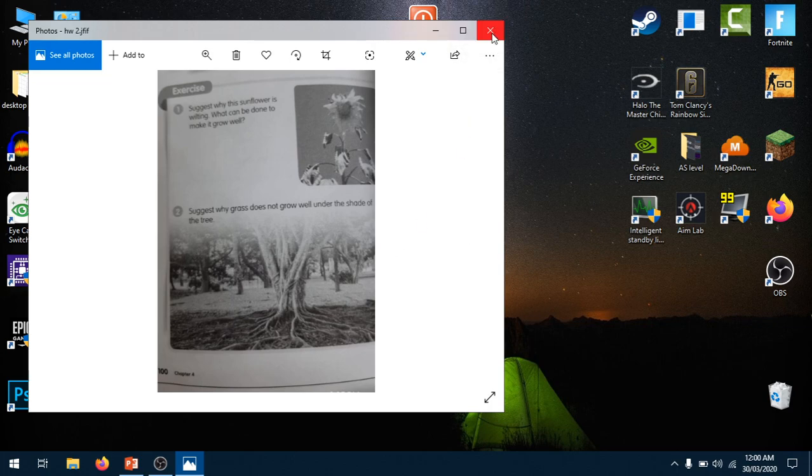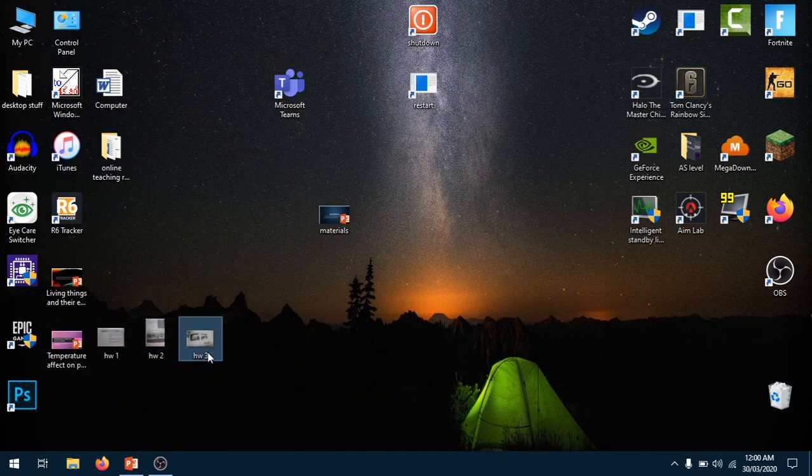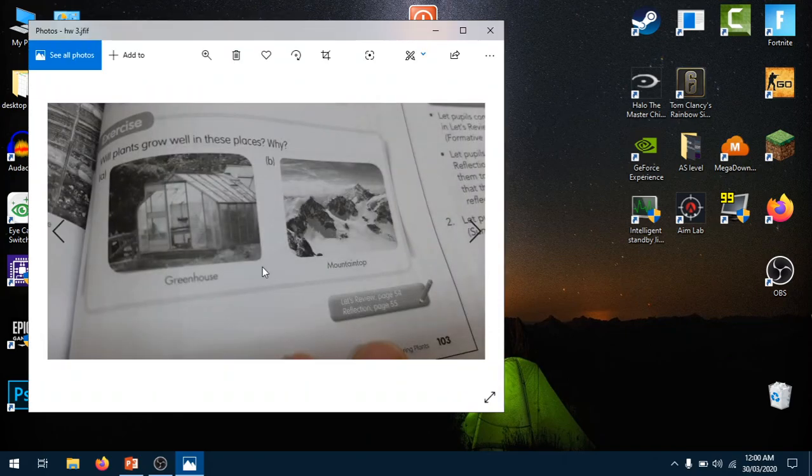Okay, so this is the second homework, and this is your third homework. There are two pictures, one is a greenhouse and one is a mountain top. What do you think, will plants grow well in these places? Why? In this greenhouse will the plant grow well? Yes or no? Yes. Why? Because they have a very moderate, very normal temperature inside this greenhouse.